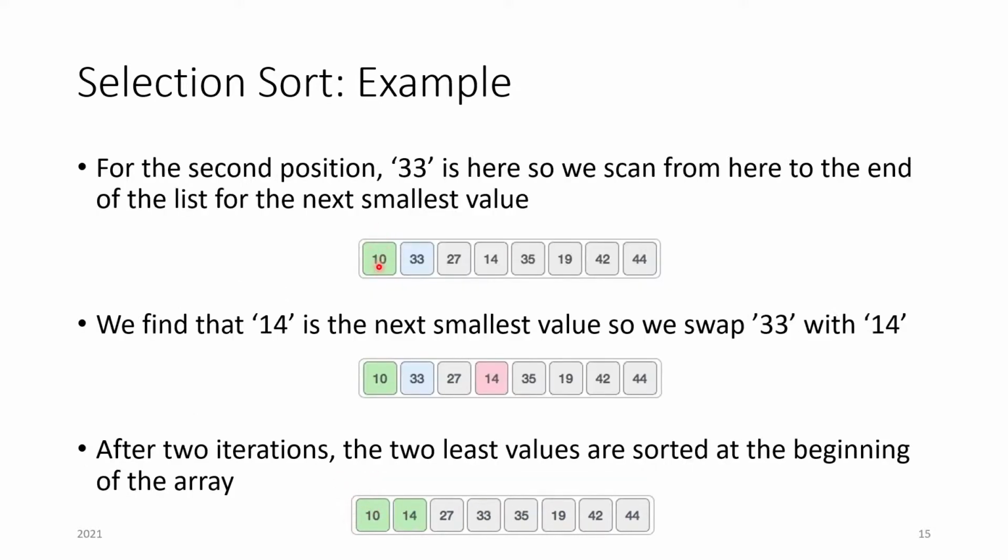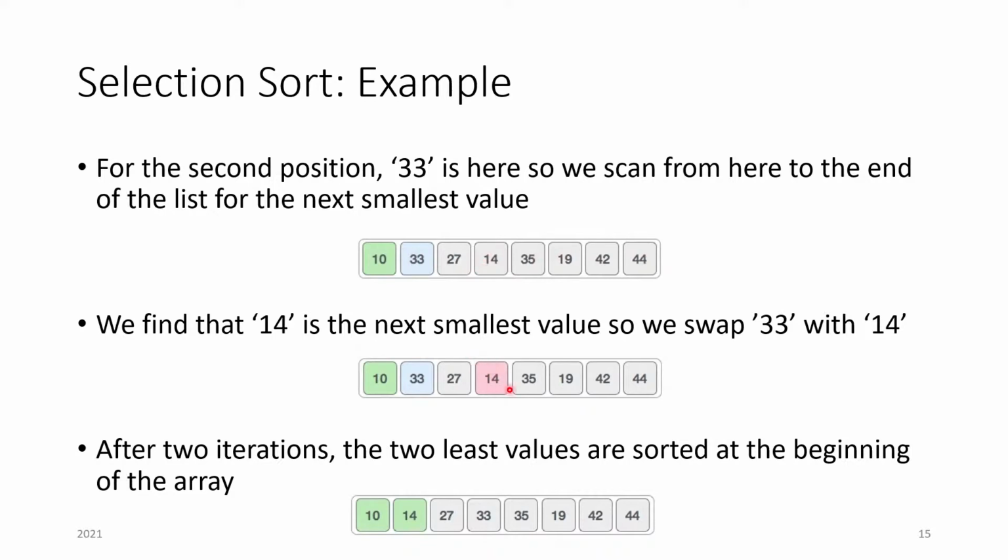Because that smallest value is considered to be our sorted array, the remaining contents are our unsorted array. So we're going to be searching the unsorted array for the next possible smallest value. We start with 33, being the start of our unsorted array, and we go through each one of these values to find the next smallest possible value.